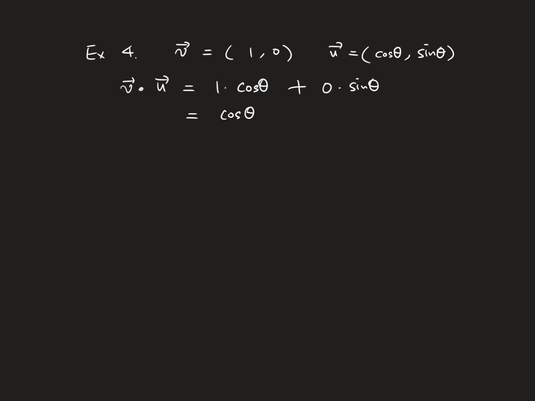And we have to know that in geometry, if we have any vectors where you can measure the angle between u and v, then u dot v is equal to u norm times v norm times cosine theta.